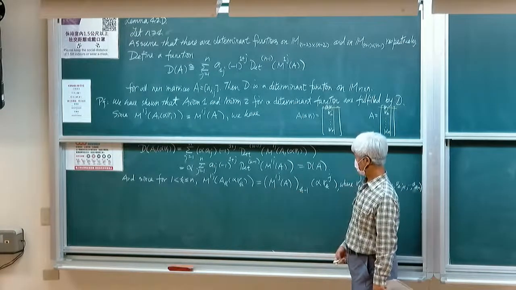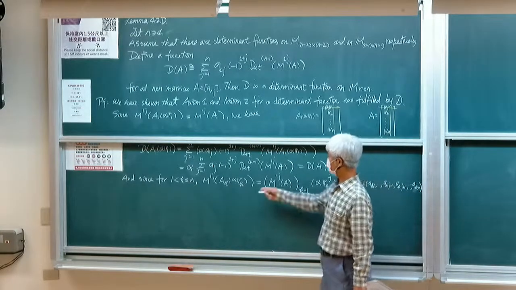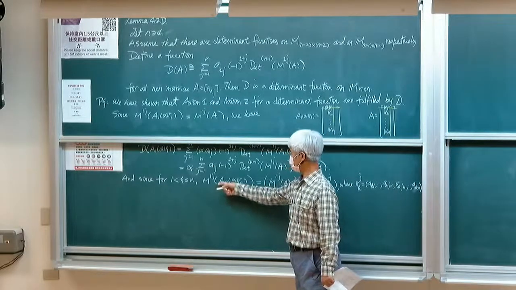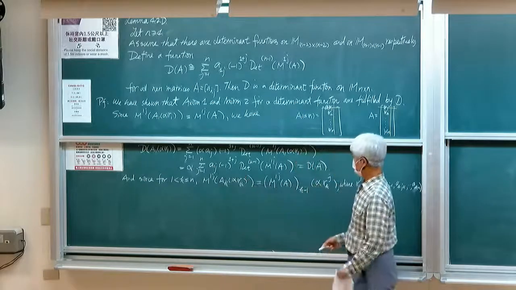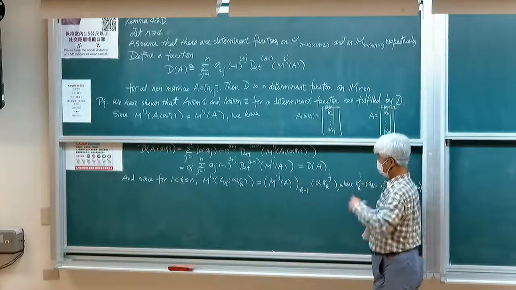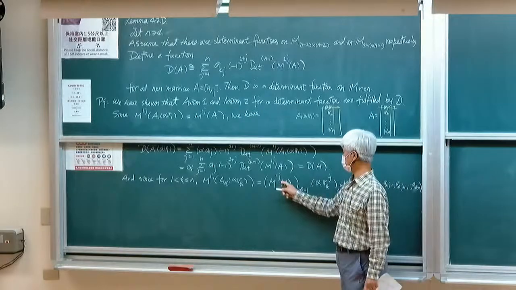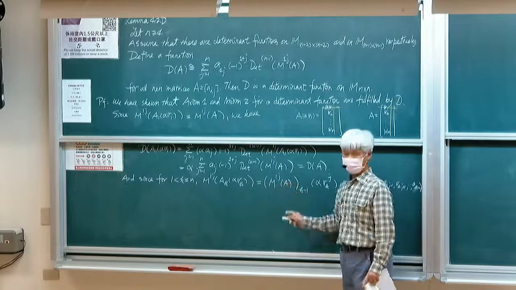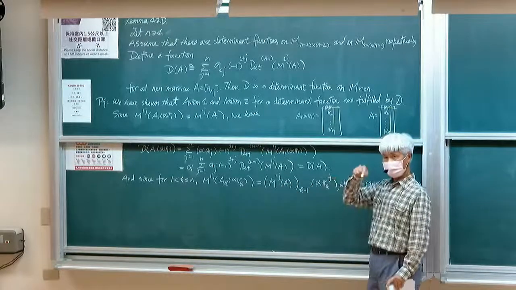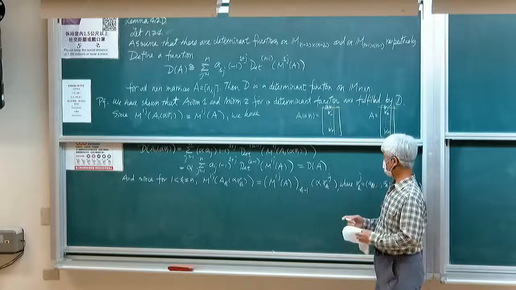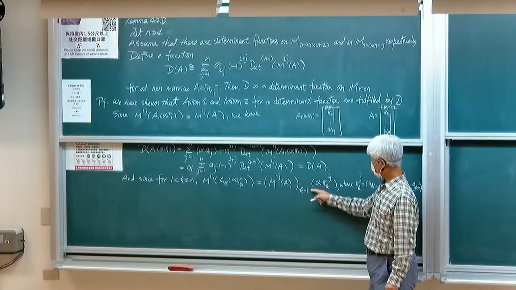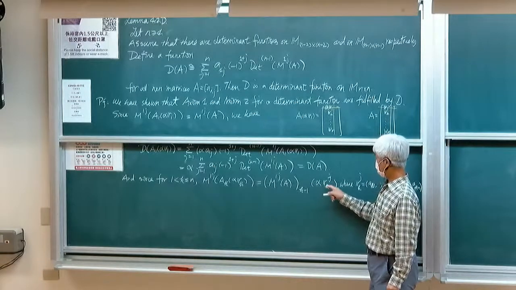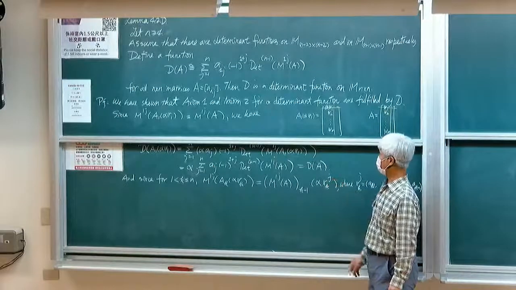So the 1j minor of this matrix is the same as you first look at the 1j minor of A, and you multiply the k minus 1 row, which is just Rkj, by alpha.